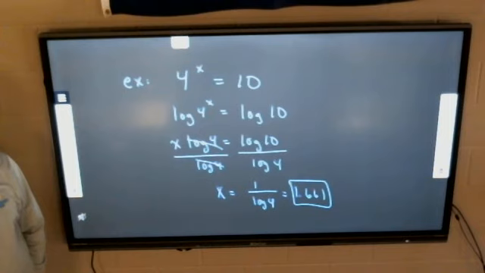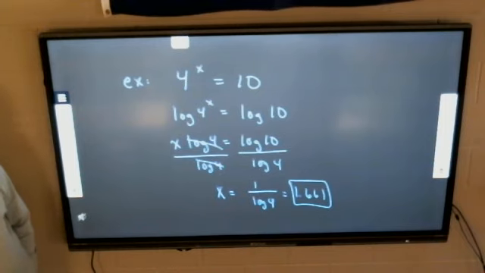Yeah, it gives me something different. Depending on what calculator you use, there are going to be different ways to put it in.